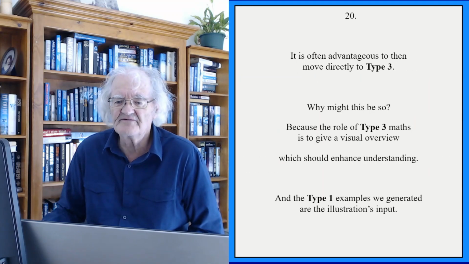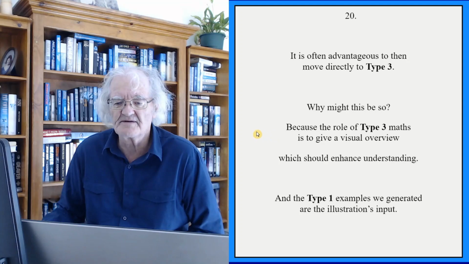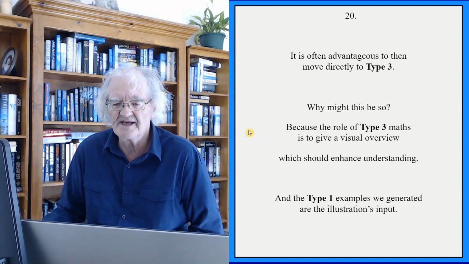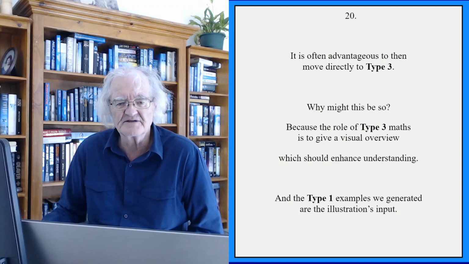It is often advantageous to then move directly to type 3. This is because the role of type 3 maths is to give a visual overview, which should enhance understanding. And the type 1 examples we generated are the illustrations input.